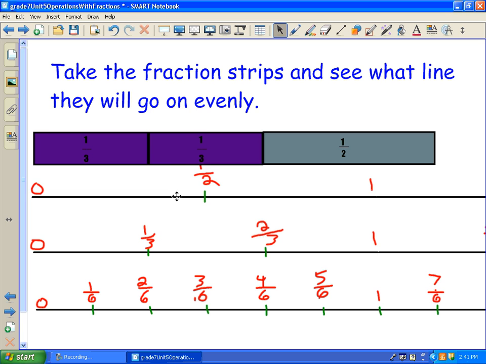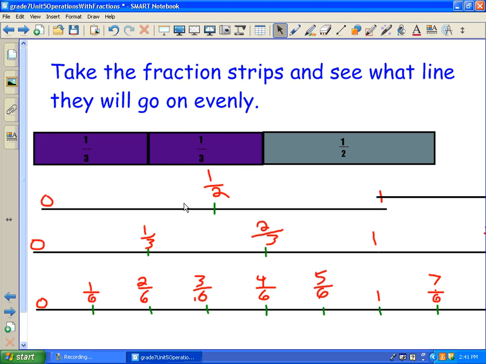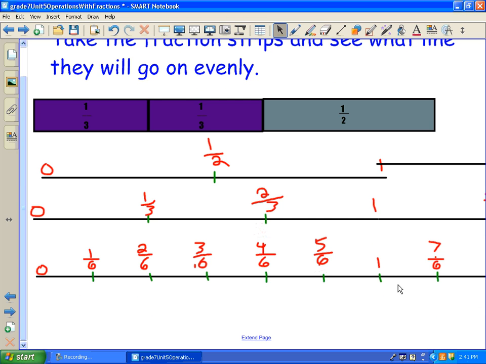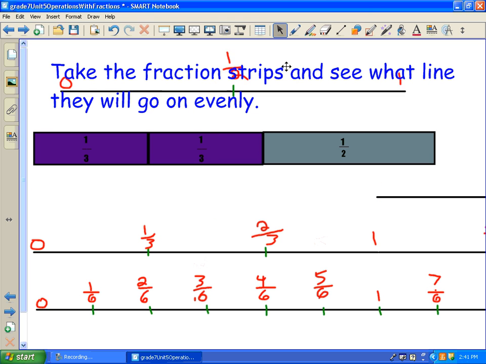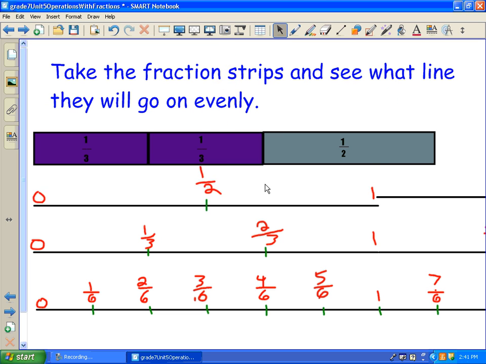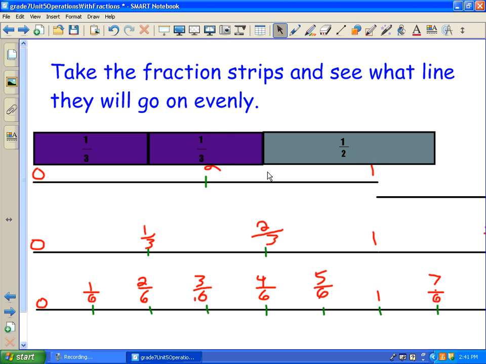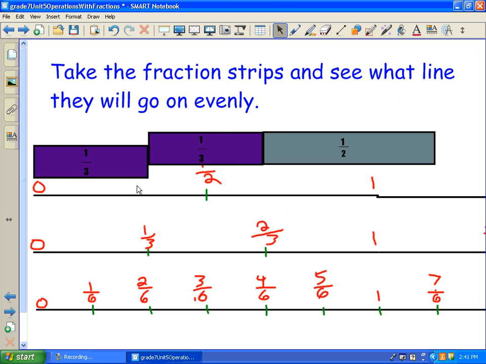What you need to do is get number lines that are split into halves and thirds and sixths, and you might even need more than sixths. It all depends. So here's what I've got. This number line right here is halves, so I'm going to place that right down at the beginning and put my pieces on the number line.